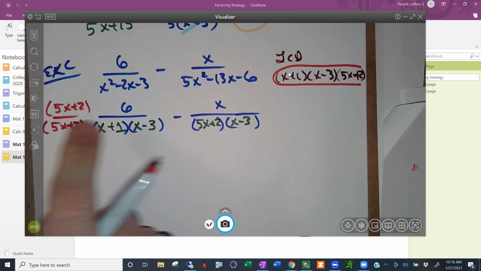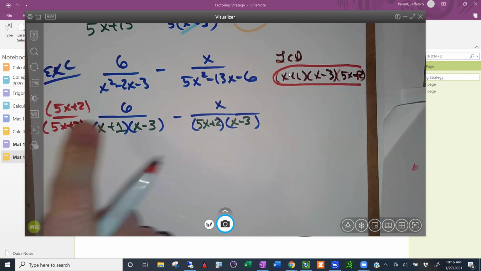Are there any like terms I can combine? Yeah, the 30x and the minus x. Good. So I'll write this in order, decreasing powers of x. So there'll be a negative x squared plus 29x plus 12 over the LCD.